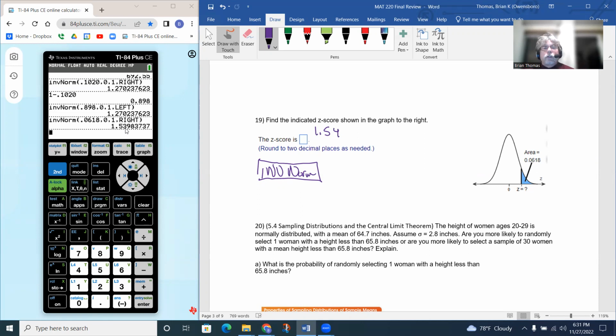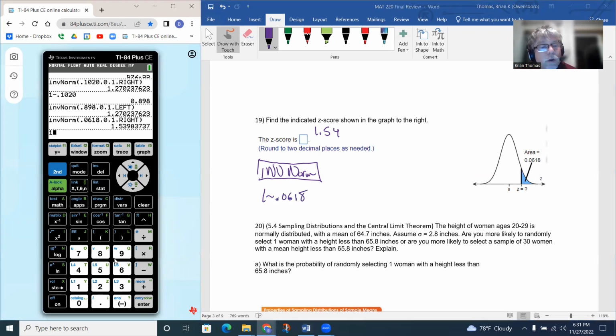Now, we also could do, if I do the area to the left, I could go 1 minus 0.0618 if I do left skewed. So if I do 1 minus 0.0618, that'll give me this 0.9382.